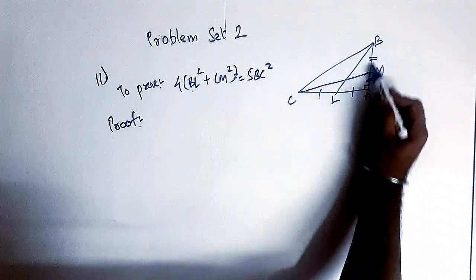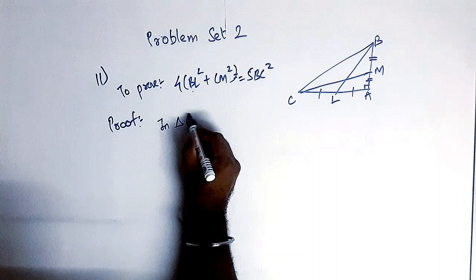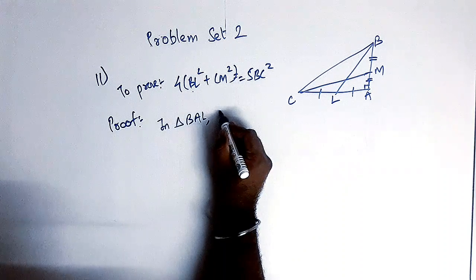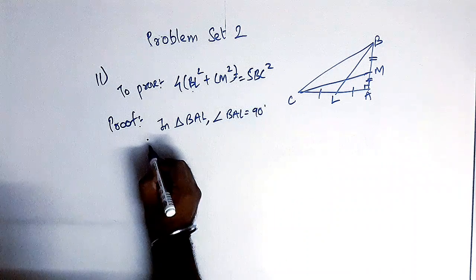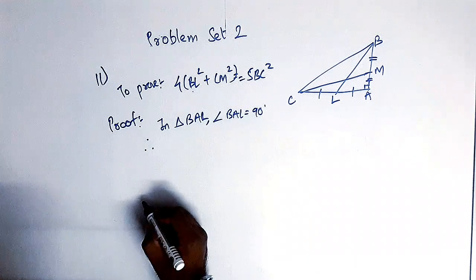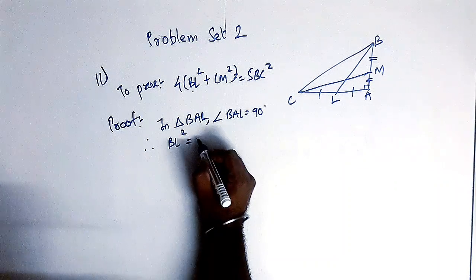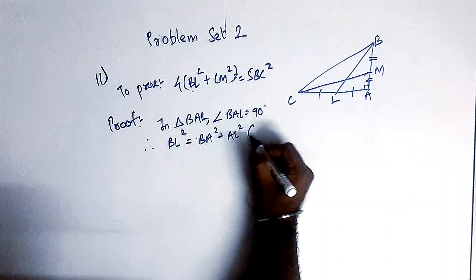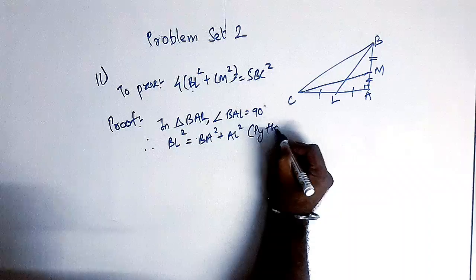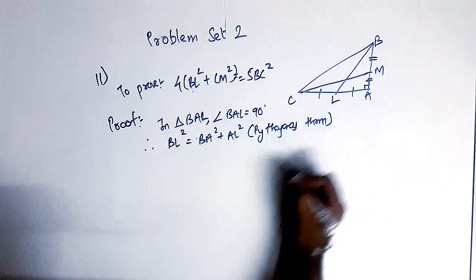I'll take triangle BAL, by Pythagoras theorem. In triangle BAL, angle BAL equals 90 degrees. Therefore, BL square is equal to BA square plus AL square. This is by Pythagoras theorem. Correct?